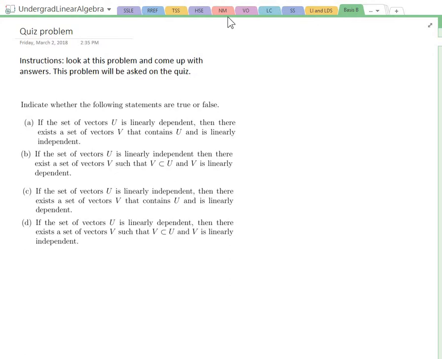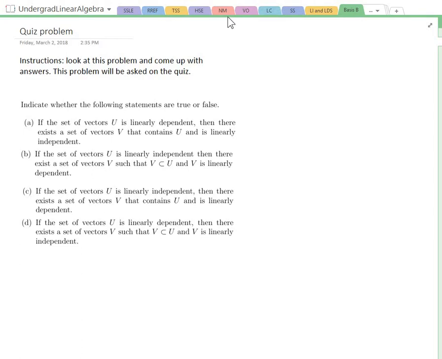B: if a set of vectors u is linearly independent, then there exists a set of vectors v such that v is contained in u and v is linearly dependent. In other words, if I have a linearly independent set, can I find a smaller set that is linearly dependent?